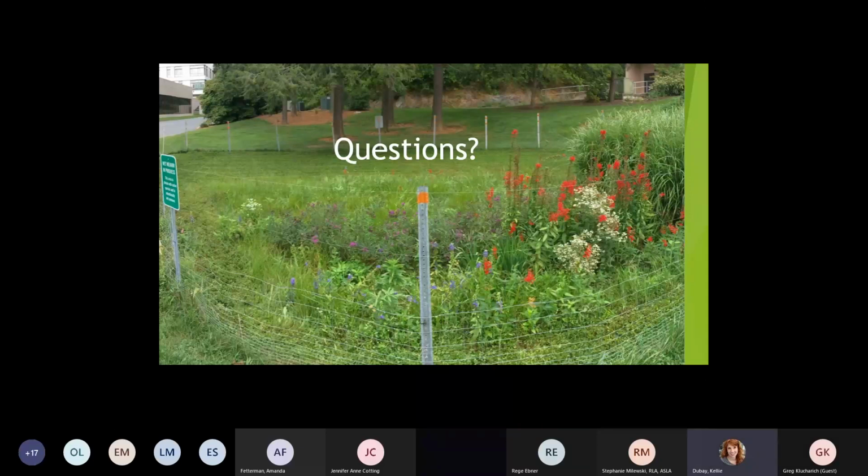Nice. Okay. So now we have another question that goes back to IDing plants. You said you were out there with the grasses book. Do you ever use an app to ID the plants or other resources, like PlantSnap? I have not yet. I have an old phone. I need to replace my phone. But I'm old school.